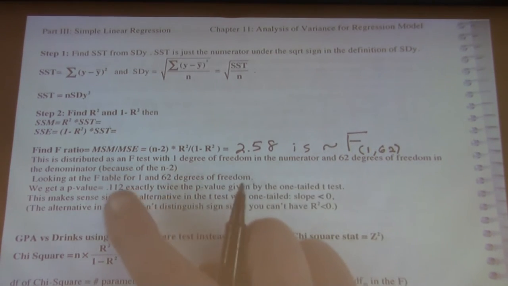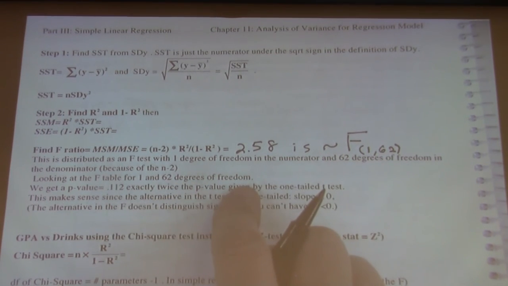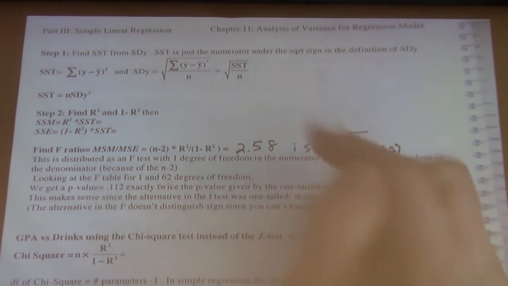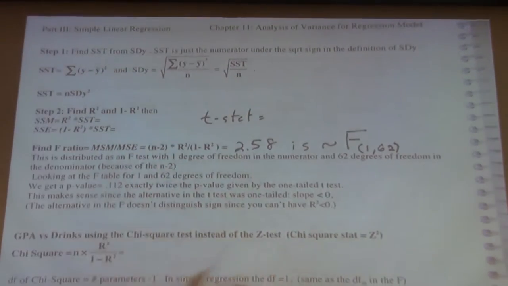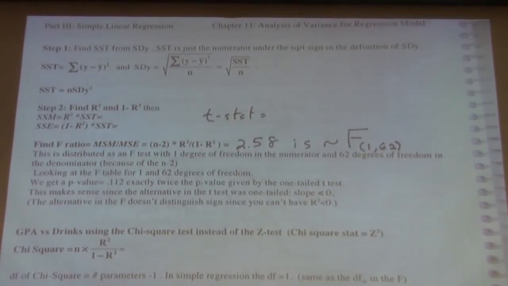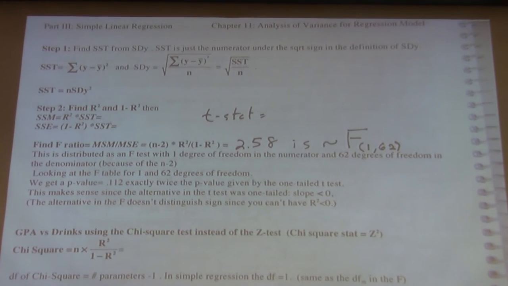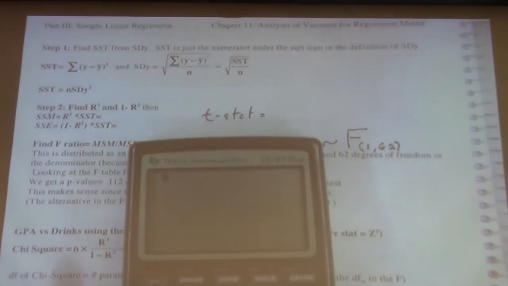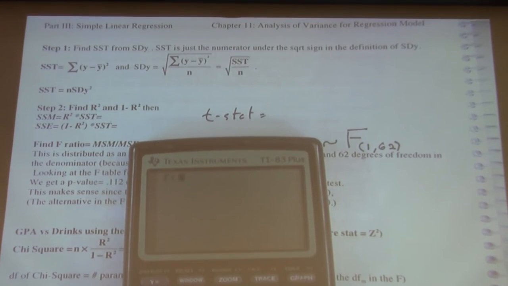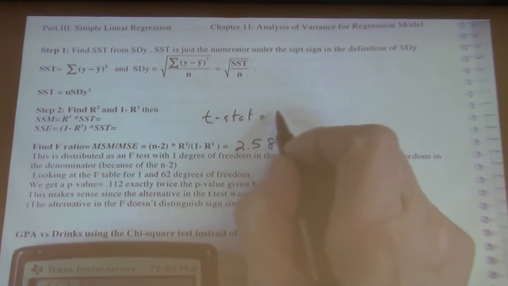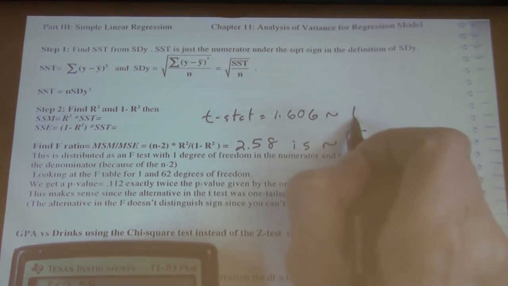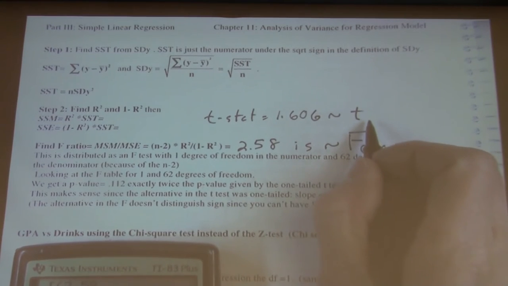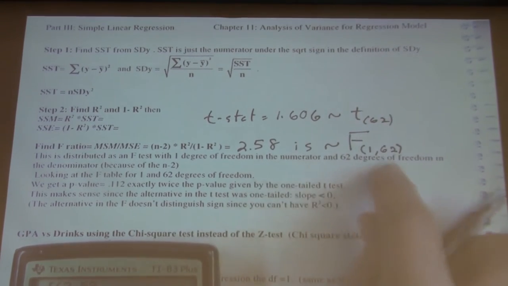And we're going to get this. And our t-stat that we got on the previous page was what? The square root of that. You can just check. It is the square root of 2.58. Yeah, and it's 1.606.